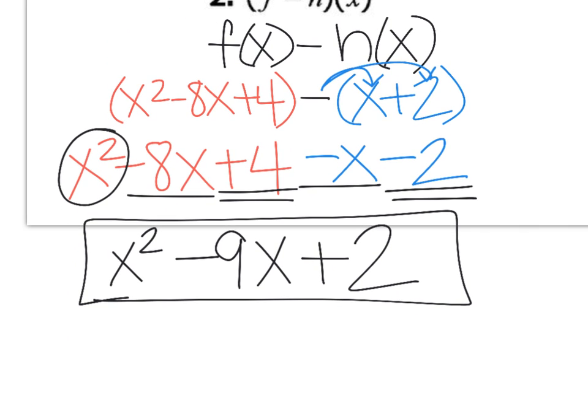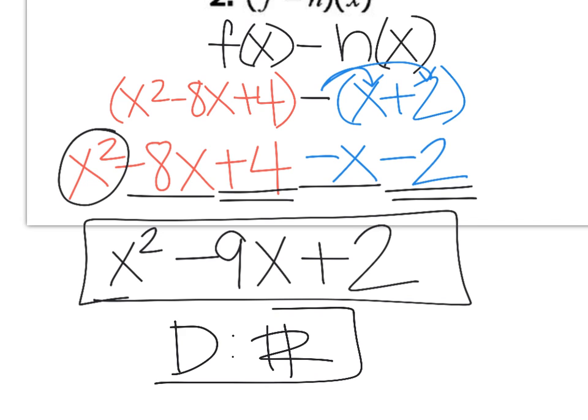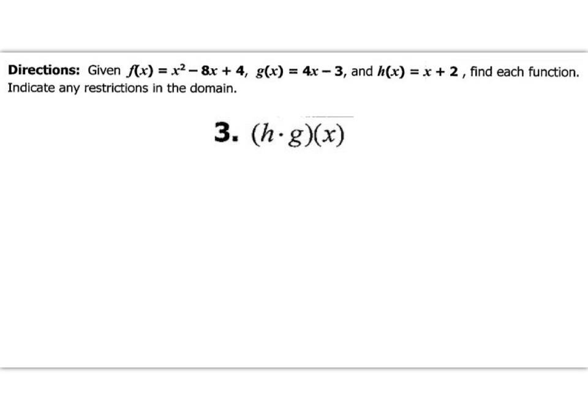All right, an important thing to remember here is that we're not dealing with the quotient rule, therefore there's no restrictions on the domain, so we have to say that domain is all real numbers, and that's part of our final answer. All right, number 3, we're dealing with h times g of x, so we want to rewrite this as h of x times g of x.